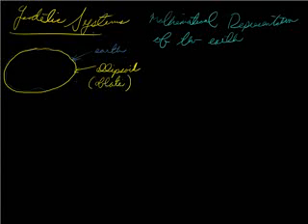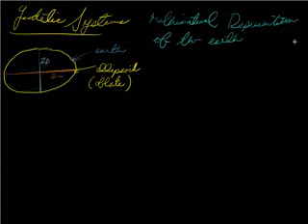Meaning that the horizontal axis, which is defined as 2a, so this whole thing is 2a, is larger than the vertical axis, which is 2b. 2b or not 2b?